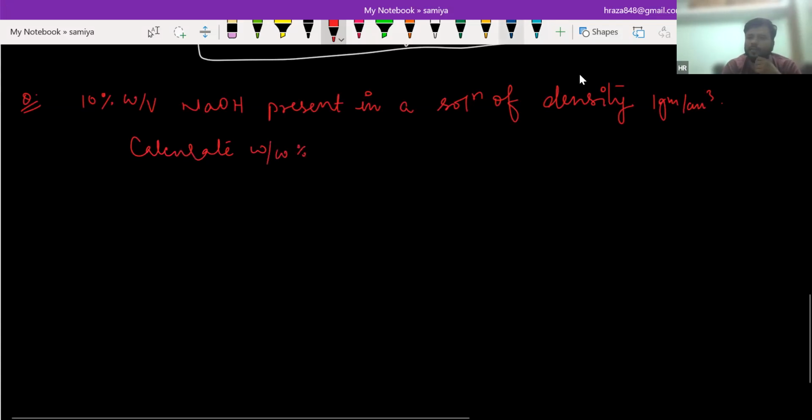This is the combination of the first and second concentration term. And always remember that there will be rarely any question on this base, weight by weight percent, weight by volume, volume by volume percent directly. I'm saying directly. There will be rarely, because it is very easy. But the application of this will be used in mole fraction, molarity, normality, and molality. So please do this question.